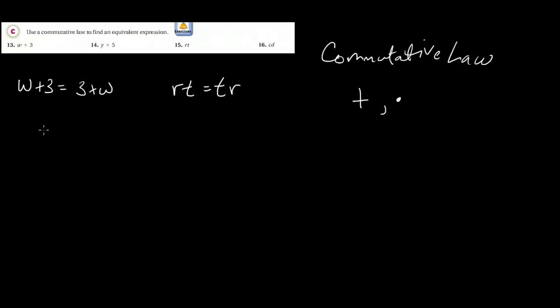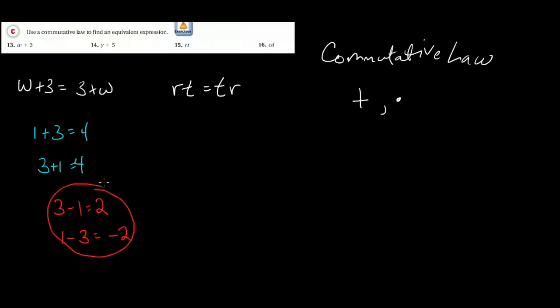Just as a quick example, if w were 1, 1 plus 3 is 4, but 3 plus 1 is also 4. It doesn't work the same way with subtraction. 3 minus 1 is 2, but 1 minus 3 is negative 2. So commutation doesn't really work with subtraction.